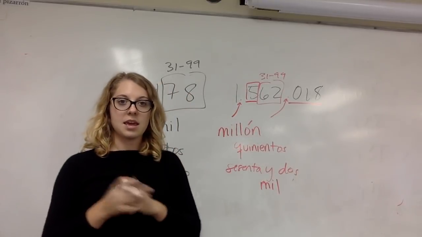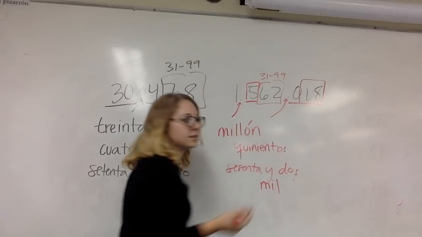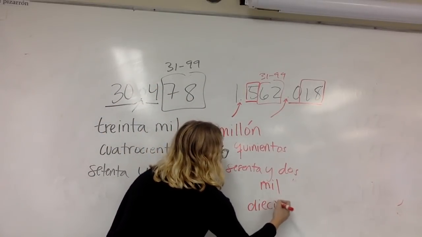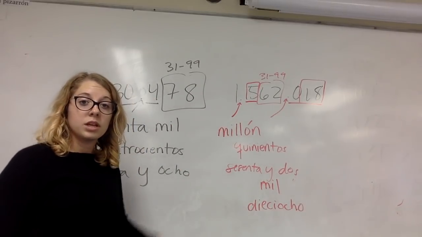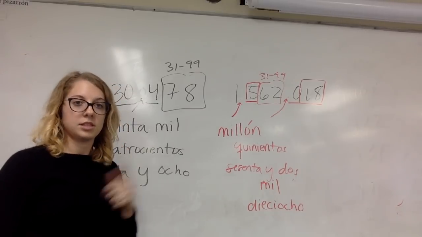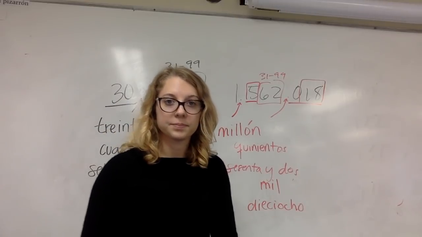Do I need an E? No, because my tens and ones place are not between 31 and 99, so I'm just going to put dieciocho, 18. So my number is un millón quinientos sesenta y dos mil dieciocho, 1.562.018. Whew.